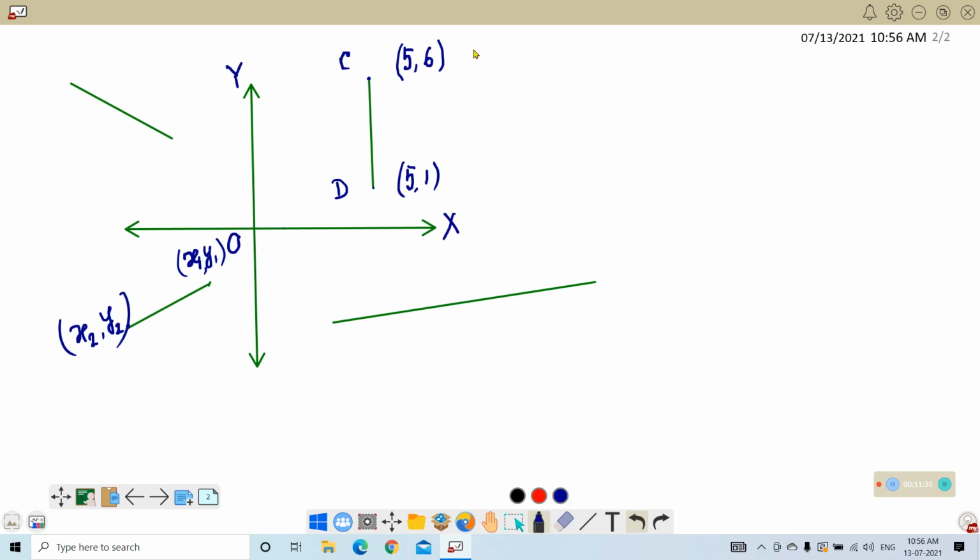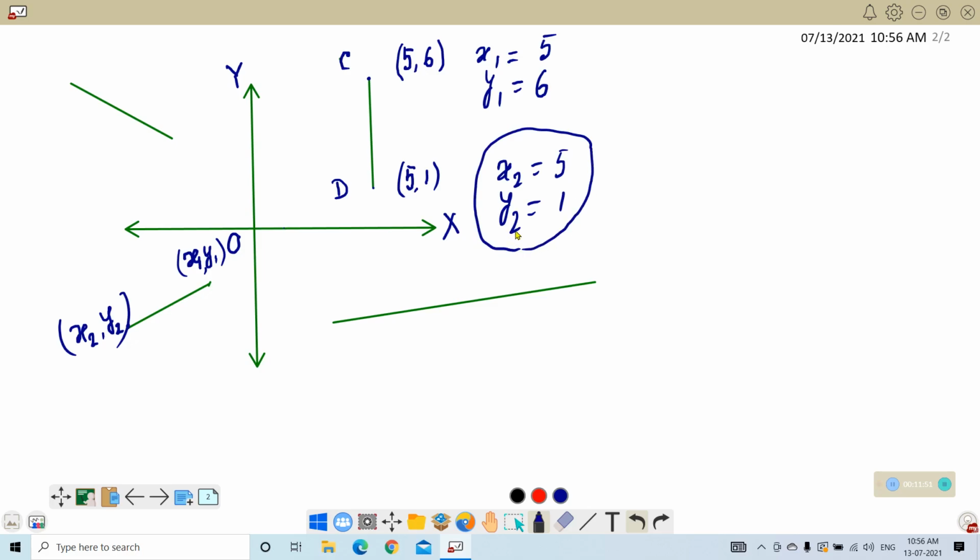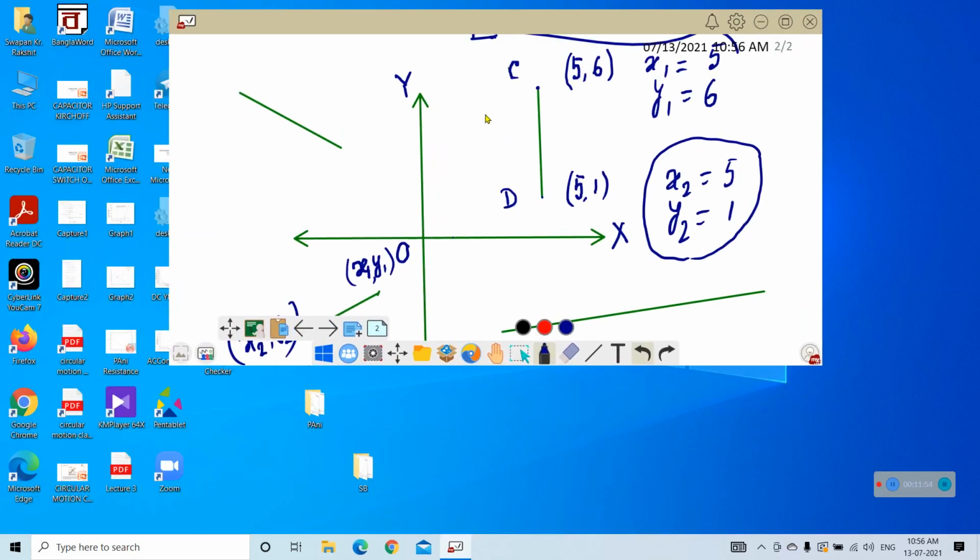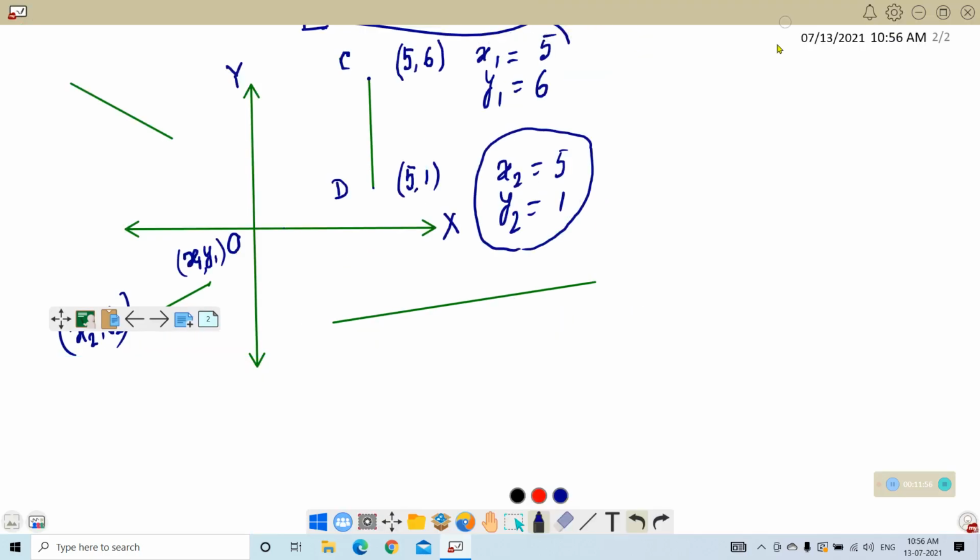Like this, here x1 is equal to 5, y1 is equal to 6, and x2 is equal to 5, y2 is equal to 1. The values of x1, x2, y1 and y2 can be anything. It may be positive, it may be negative.